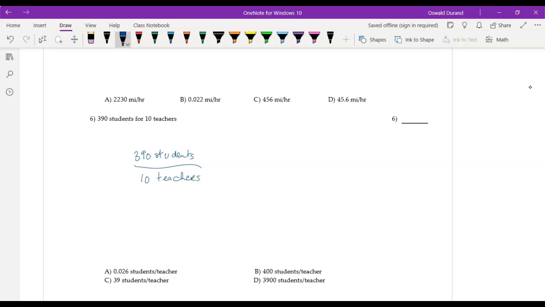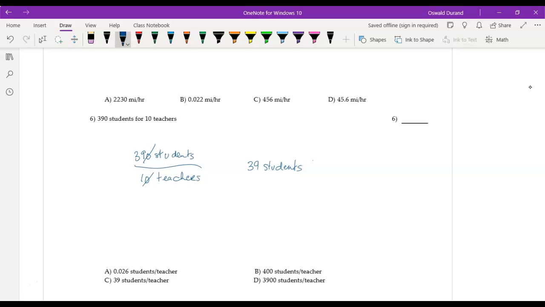And the unit rate will be, so let's get rid of the zeros because everything is divided by 10. And 39 divided by 1 is 39. So the ratio is 39 students per teacher, right?